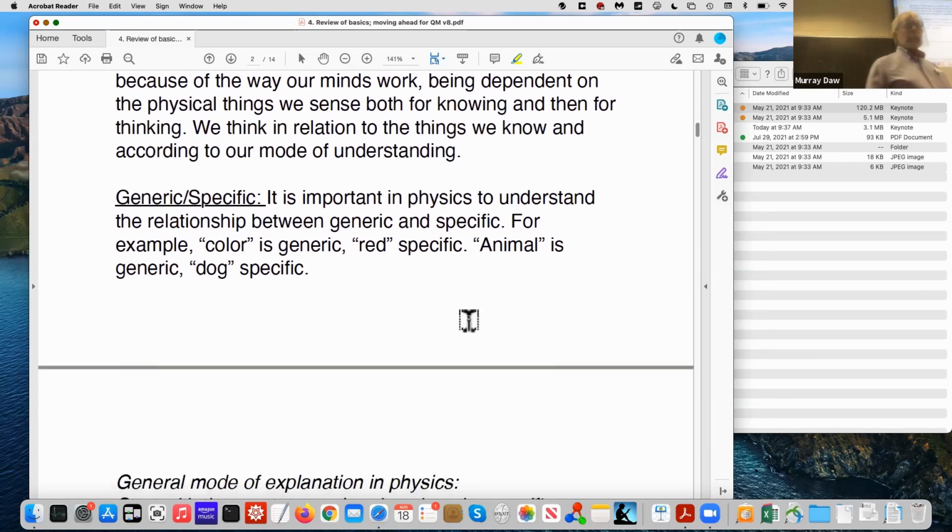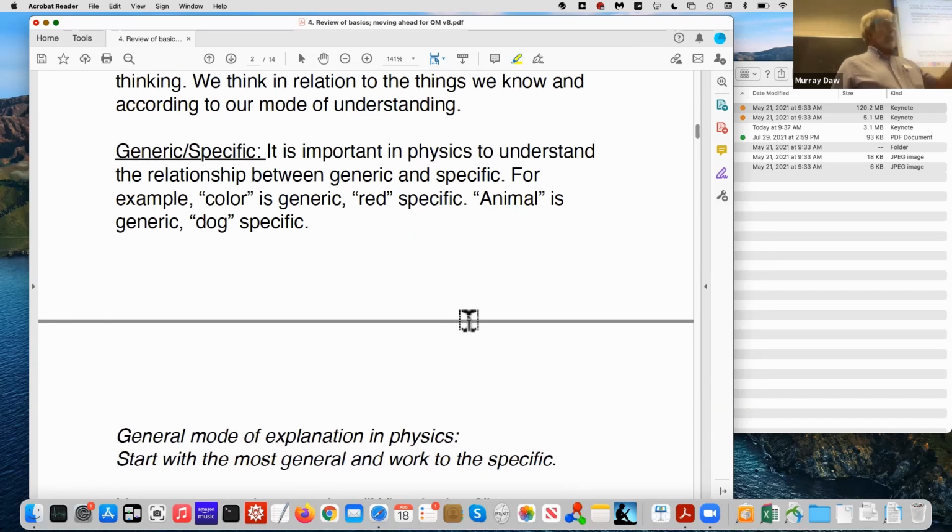Okay, so what's important in this, again, is this relationship between the general and the particular, or between the generic and the specific. So there's a lot of things in this class about general to specific. So color is general. You've never seen a general color. You've only seen particular colors. So there's a generic and a specific. Red is a specific color, but you understand that it's a color, and it's different than a taste.